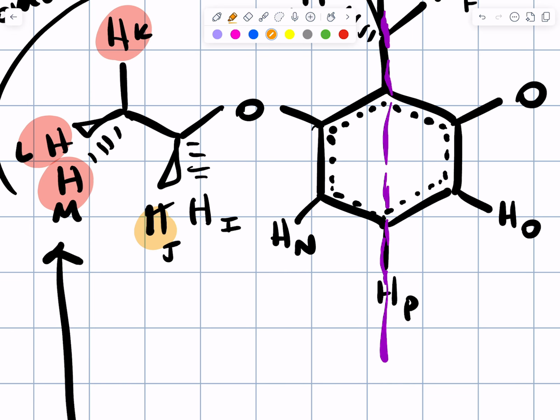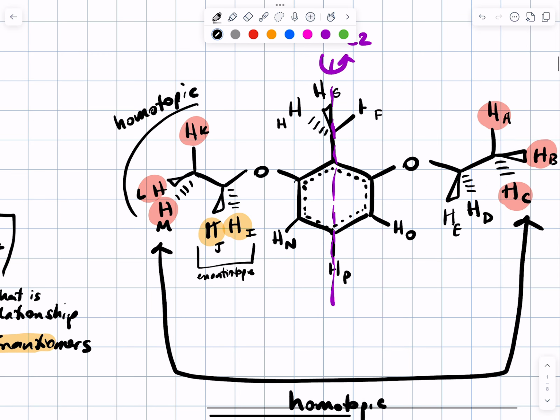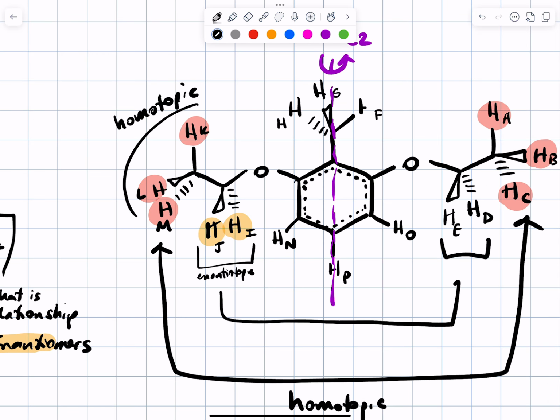They are enantiotopic. They're interchangeable. Good, by a plane of symmetry. So within this group, those two are enantiotopic, but the two CH2 groups are homotopic because they're interchangeable by an axis of rotation. Okay?